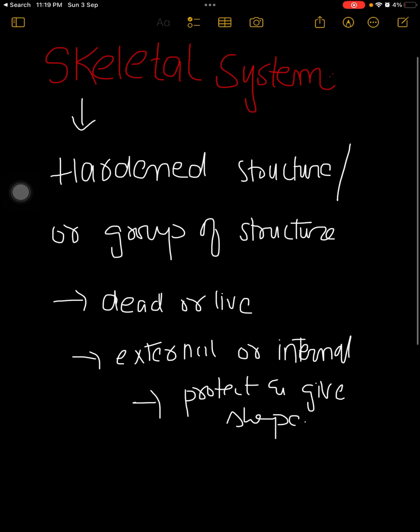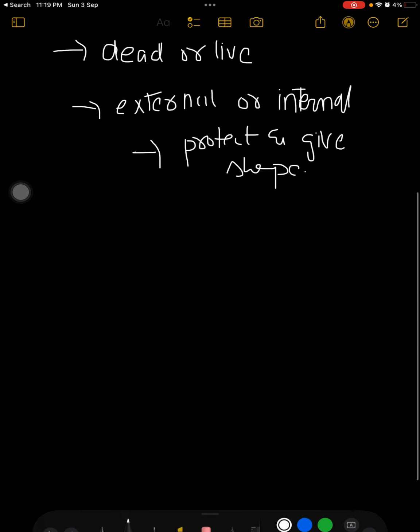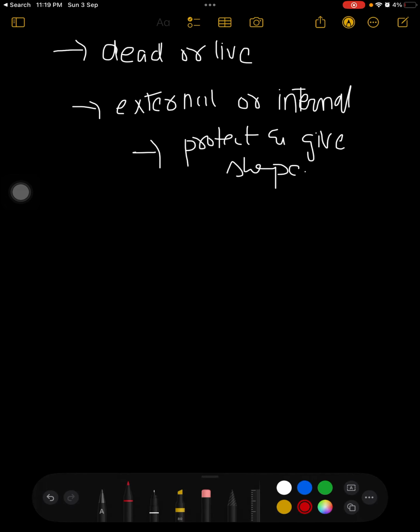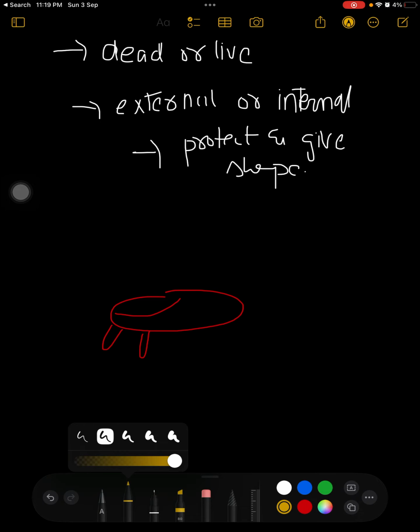Basically, the hardened structure or a group of structures can be dead or live, external or internal, and it is used to basically protect and give the shape of our body. If we talk about the cockroach, consider here we are having a cockroach.